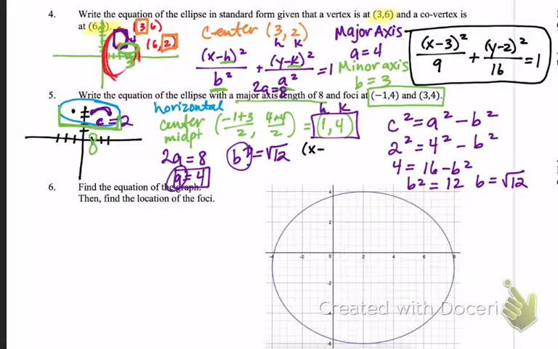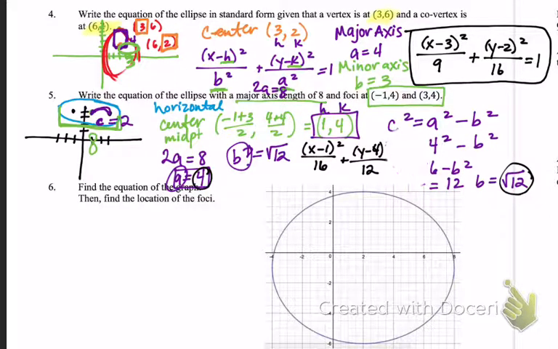So it would be x minus 1 squared over A squared, so 16, plus y minus 4 squared over square root of 12 squared, so that would just be 12. Running out of room, sorry if you're running out of room, equals 1. So all of that equals 1, because I'm just squaring the square root of 12.